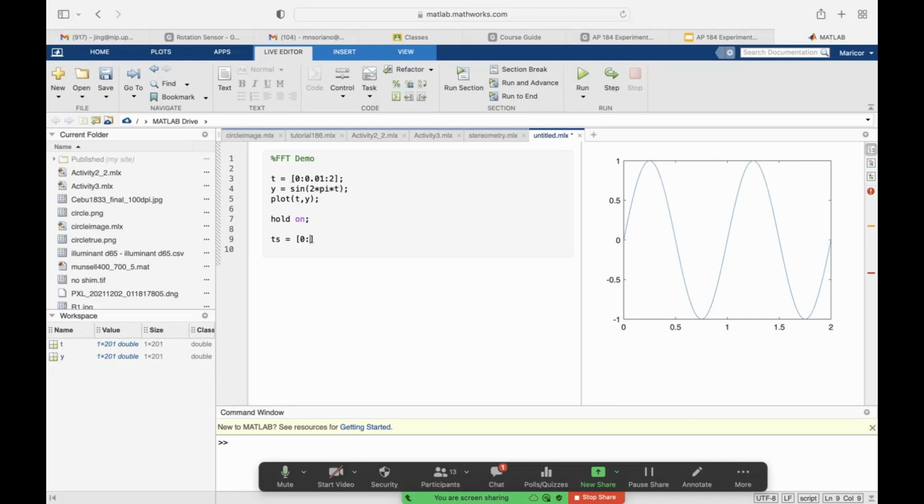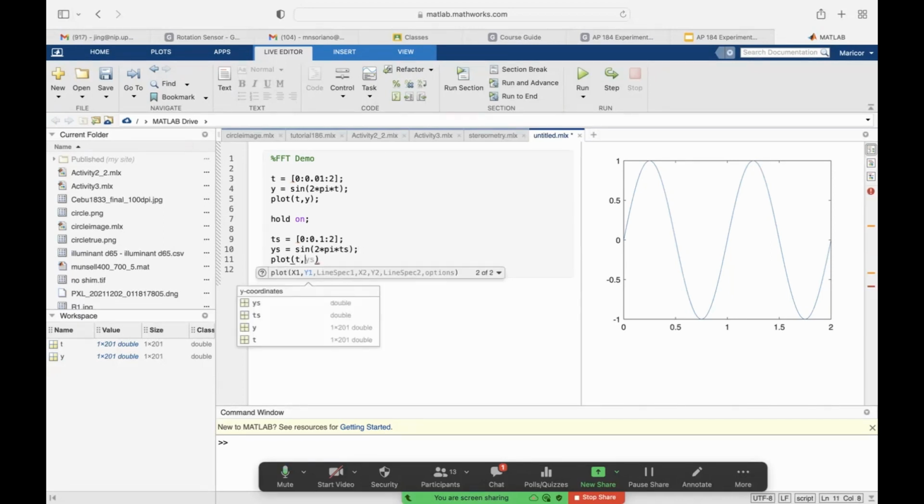Okay. Ngayon, what if tagalan natin? Sabihin natin 0.1. Yan. Okay. Ganun pa din. Drawing natin yung ys equals sine 2 times pi times ts naman. Okay. And then, i-plot natin to.